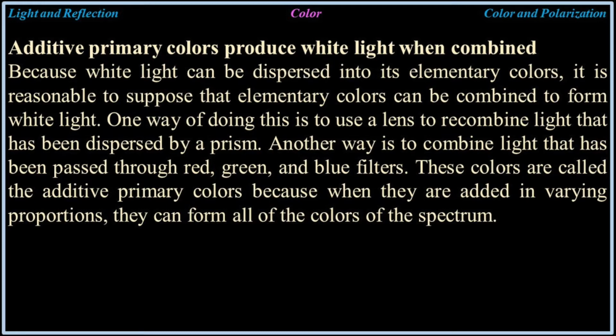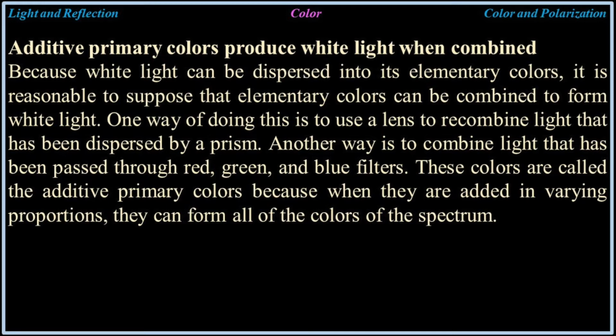That's a question. Additive primary colors produce white light when combined. Because white light can be dispersed into its elementary colors, it is reasonable to suppose that elementary colors can be combined to form white light.